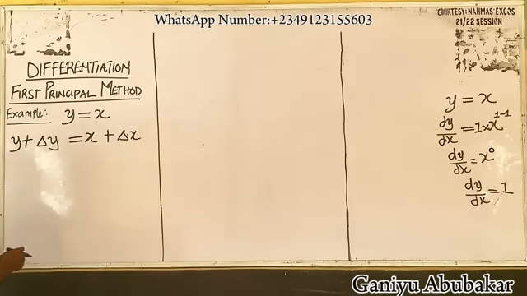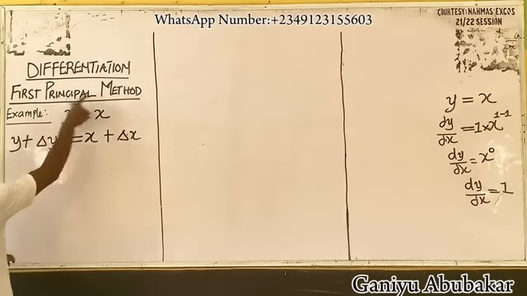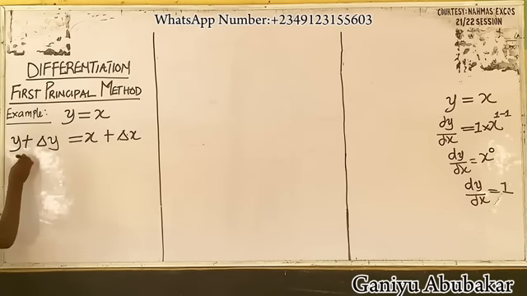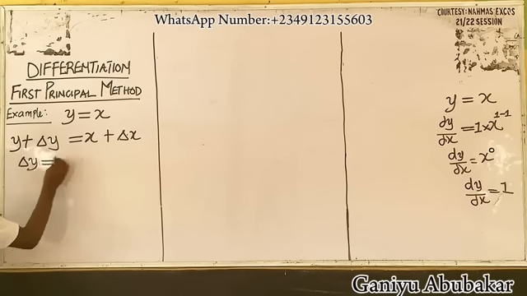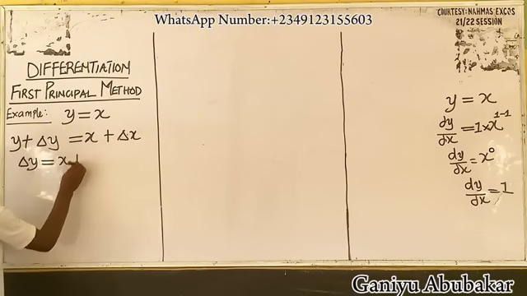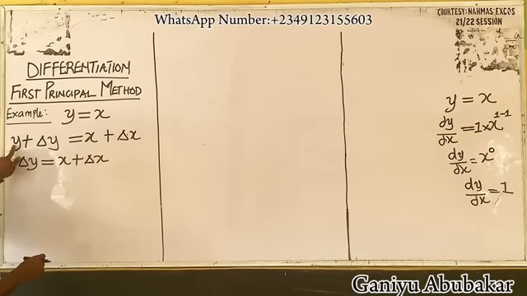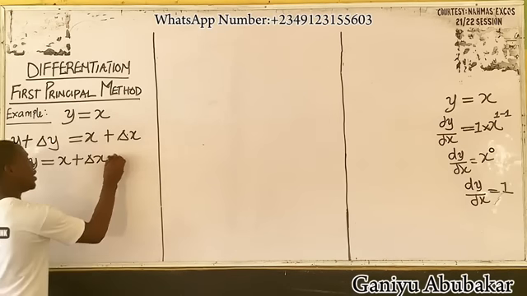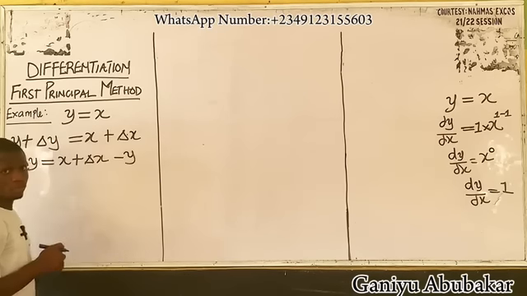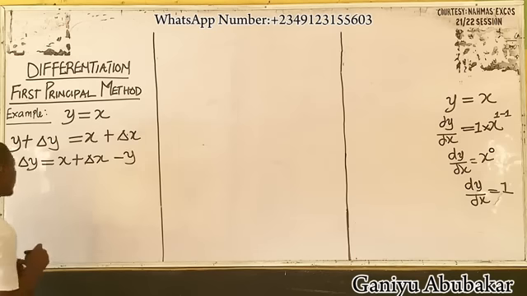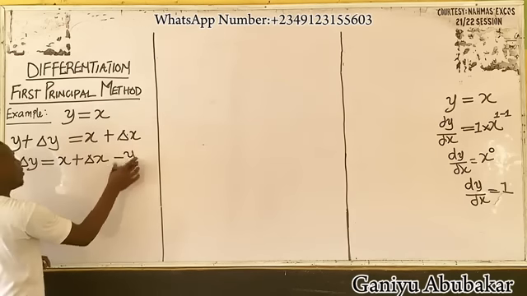When you are done with this, what next? I'll take this y to the other side. I'll be left with change in y is equal to x plus change in x. Of course, if I take a positive y to the other side, it becomes a negative y.